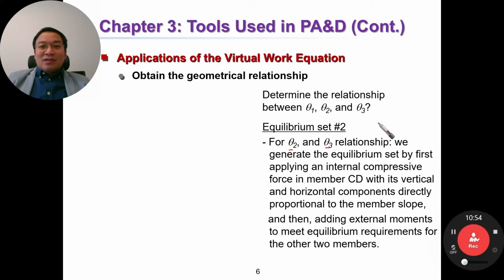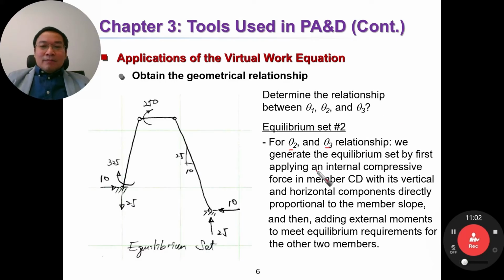With this equilibrium set, we generate the equilibrium set by first applying an internal compression force in member C and D. Remember, this force can be divided into different components: the vertical component and the horizontal component.